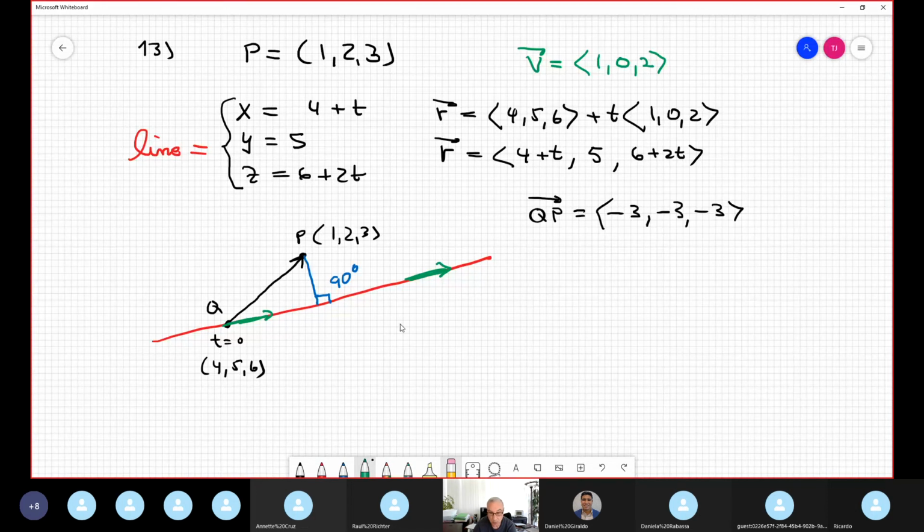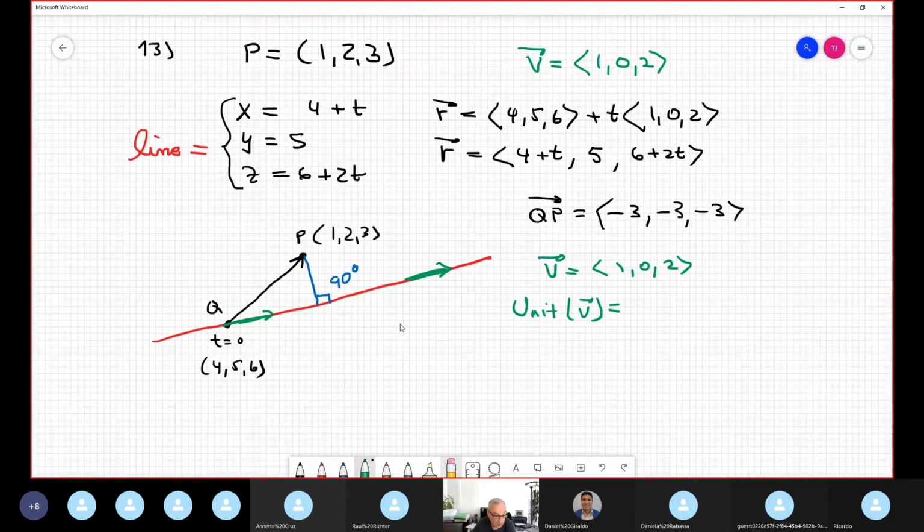So basically, I need to perform the cross product, because vertical projection uses the cross product, between the QP vector and the unit vector of B, not B itself. So first you need to find the unit vector. Here I copy the B vector, (1, 0, 2). The magnitude of B is radical 5: 1 squared plus 0 squared plus 2 squared.